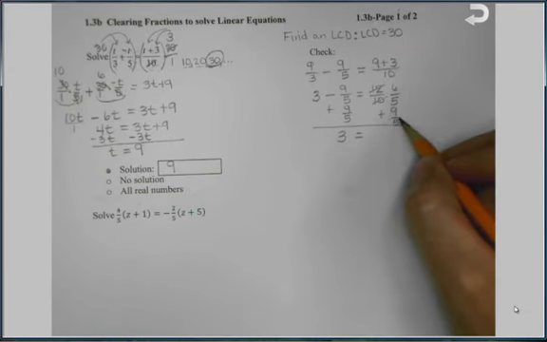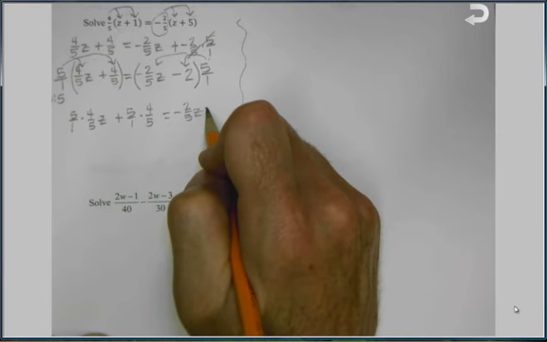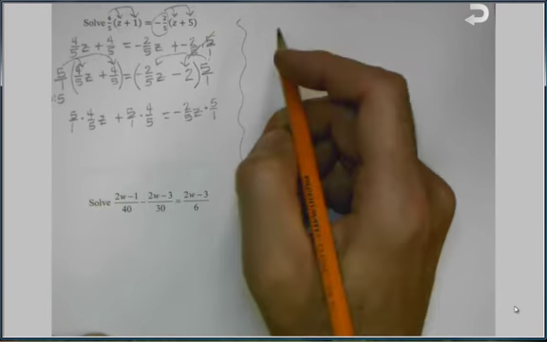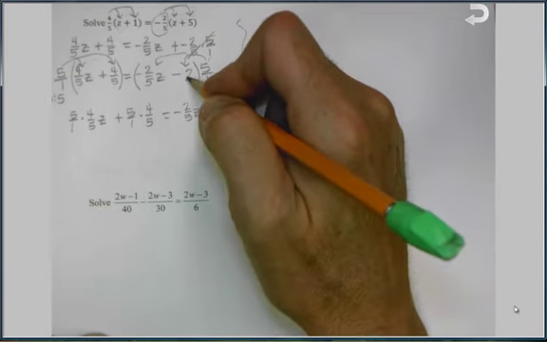And then I want to distribute so that every term is going to be multiplied by that 5 over 1. So on the left hand side, the first term, I have 5 over 1 times 4 over 5 z plus 5 over 1 times 4 over 5, and then -2/5 z, I have to multiply that by 5 over 1, and -2 times 5 is just -10.